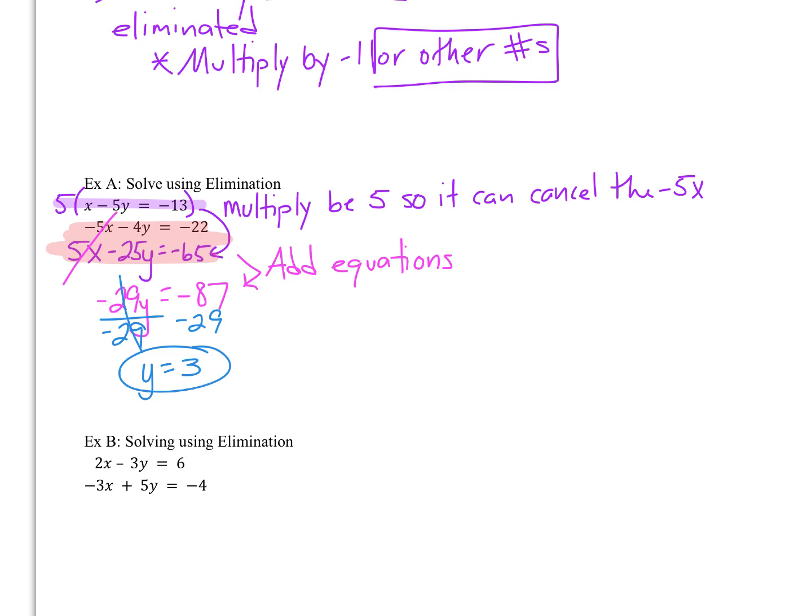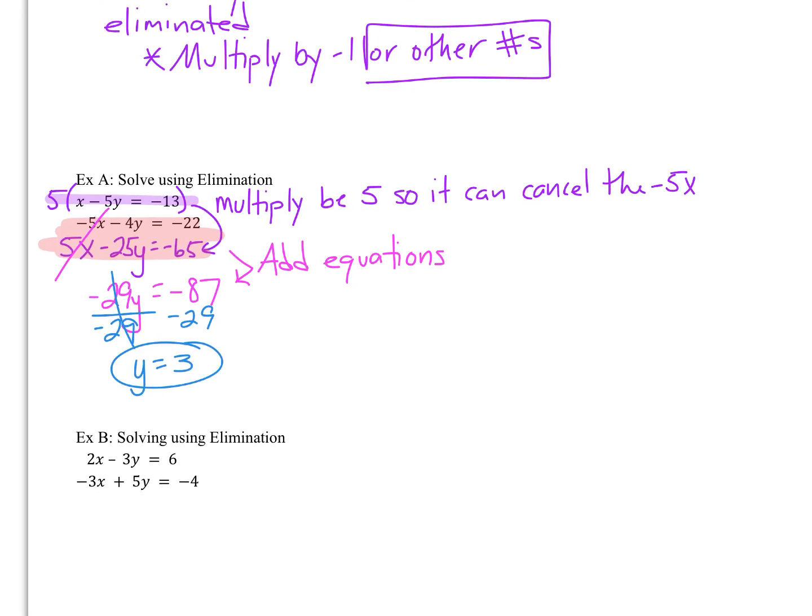Okay. So, still not done, right? But are there any questions just on that first part, finding y?